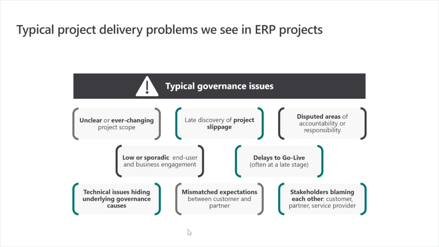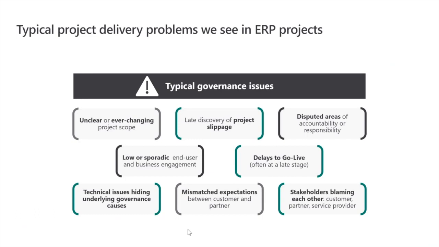Another common issue we hear about is a low or sporadic end user or business engagement, where it looks like there's the core team from the business that's engaged, but you're not getting wider business to engage with the project until it's very late in the day, either at UAT or even beyond.